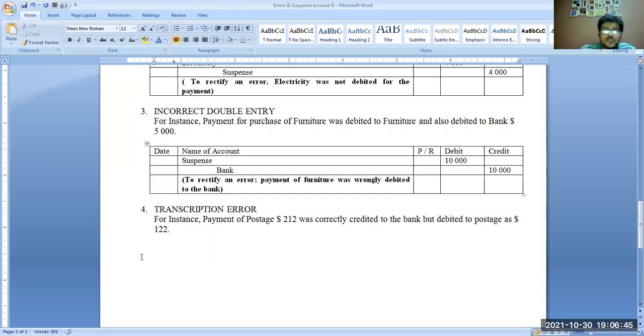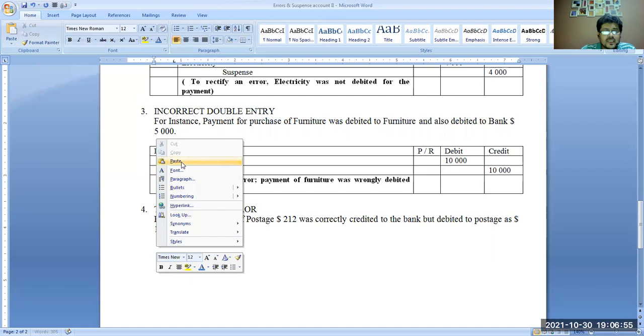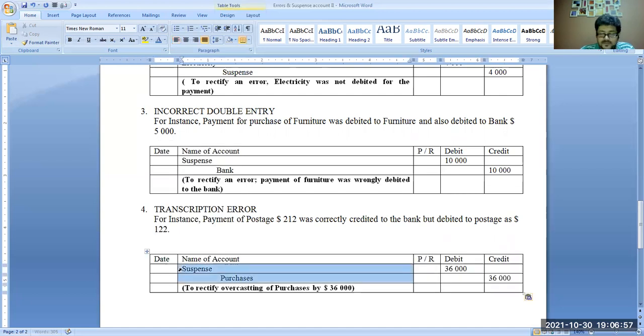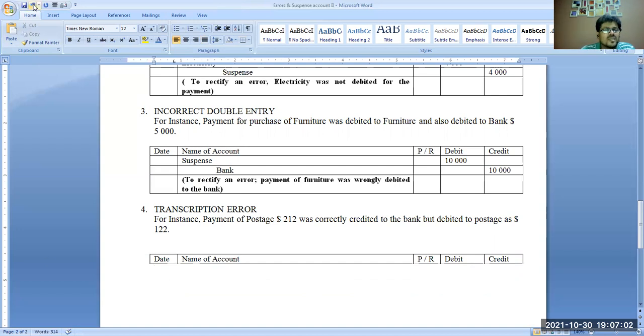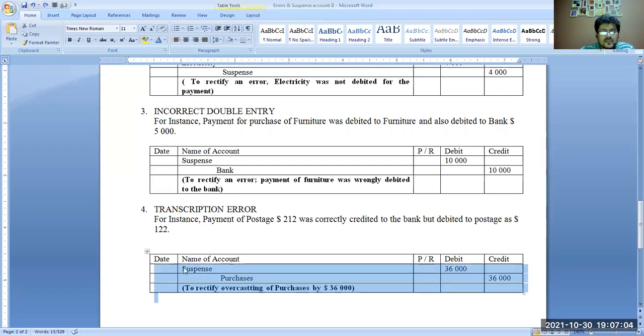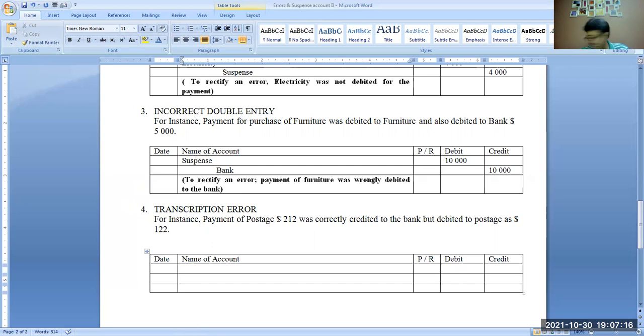So what we have to do is rectify this error. Now, postage was supposed to be 212, but it is now 122. So what is the difference?